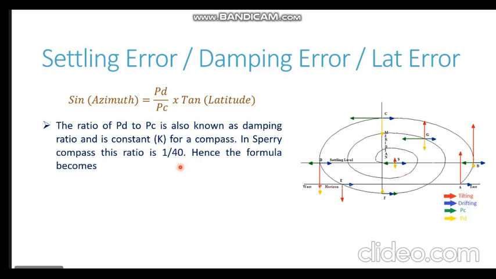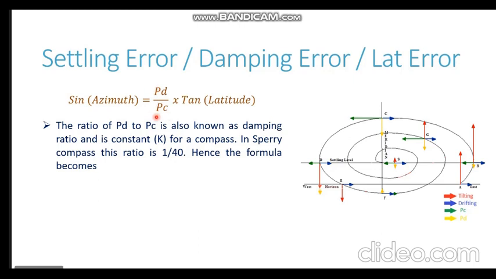So 17 grams to 680 grams is exactly the ratio of 1 is to 40. 17 fours are 68. So 17 grams to 680 grams is this ratio of 1 is to 40. The damping precession, which is generated by the smaller weight, 17 grams, proportional to control precession, which is generated by the bigger weight, 680 grams, gives you a damping ratio of 1 is to 40.